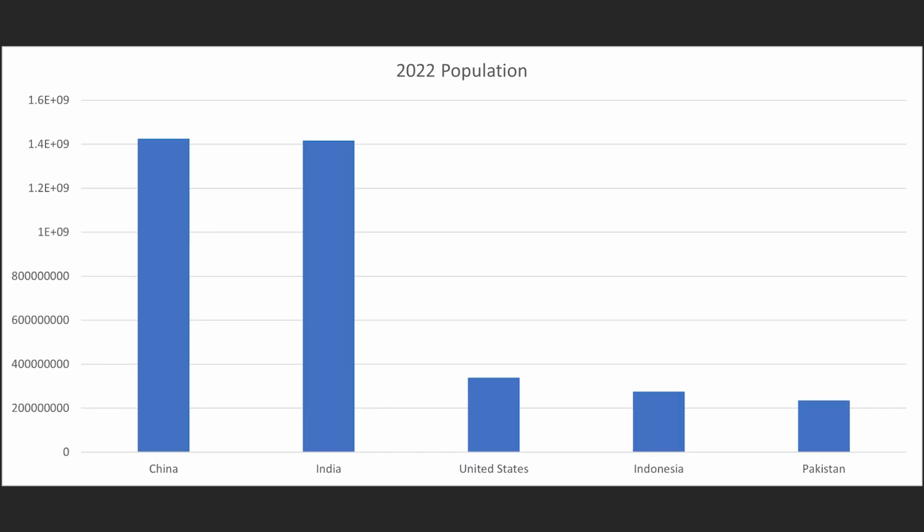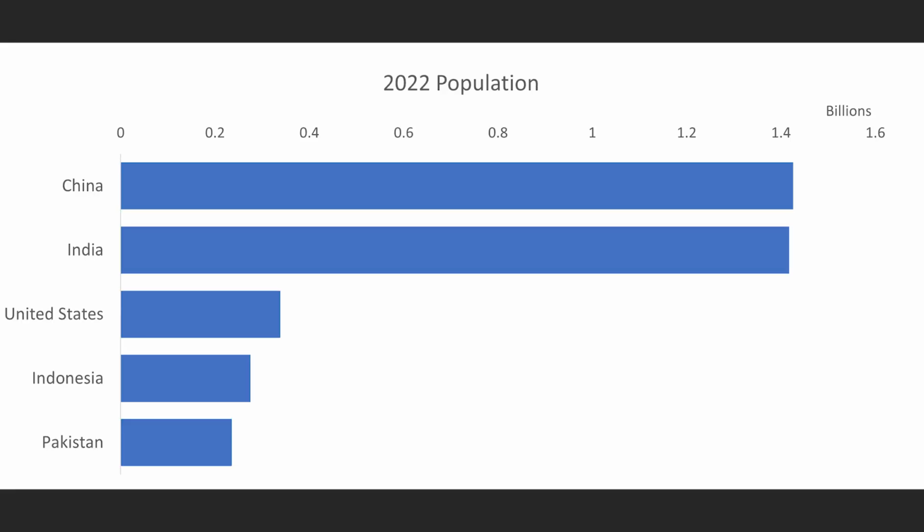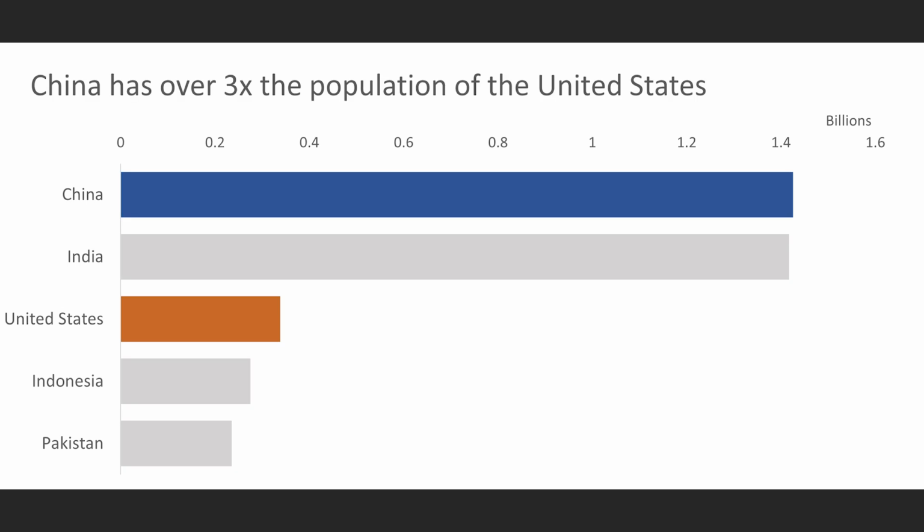So now we're using less ink overall to showcase our data, which in this case is the USA population versus China. And then, because we want to focus on the USA and China, we can tweak just their colors and fade out everything in the background to help further emphasize our point.